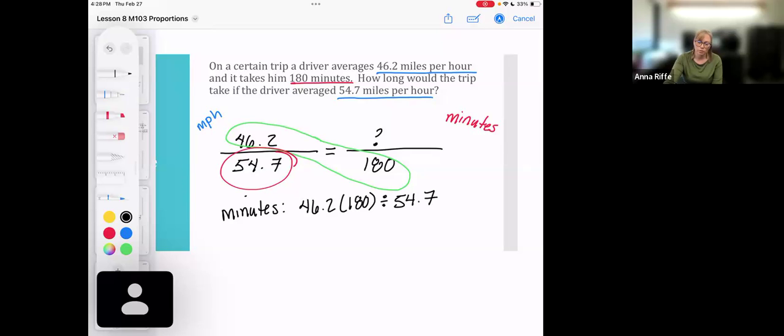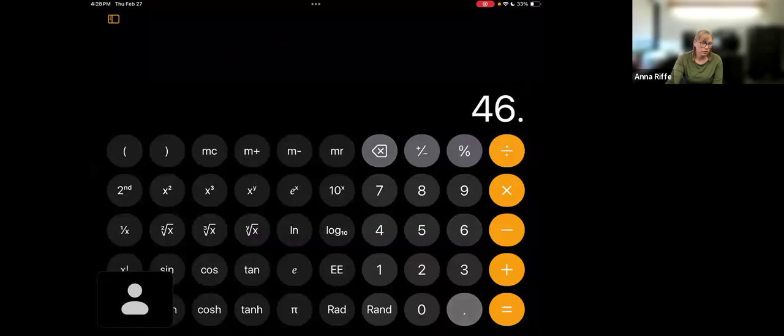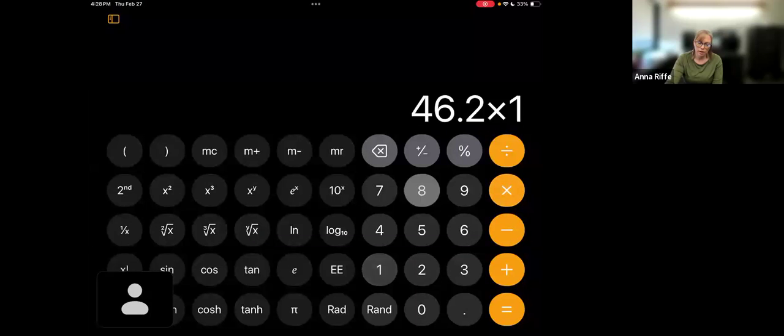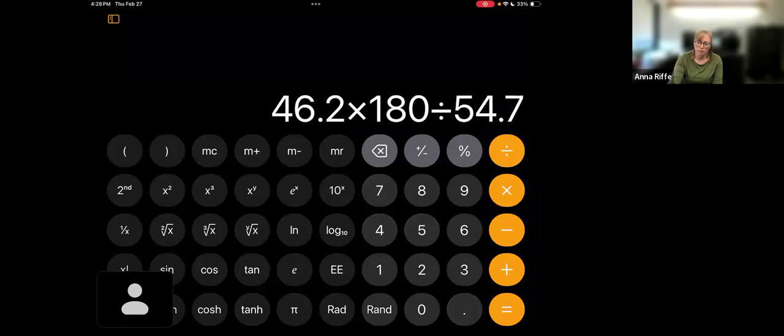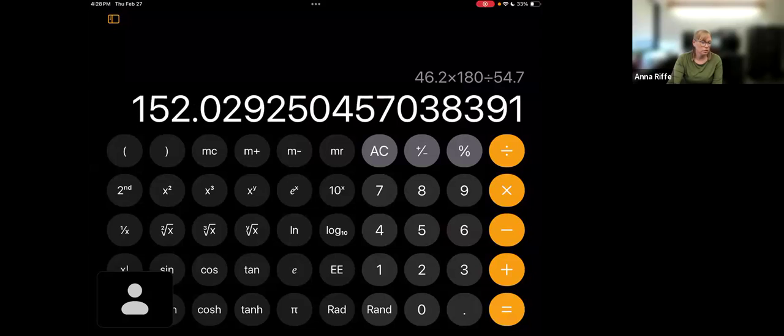Let's jump over to my calculator. 46.2 times 180 divided by 54.7 will give us 152. Let's go ahead and round to 2 decimals here. I know we weren't told what to round to, but I'm going to go ahead and round to 2 because time can make sense. A part of a minute does make sense. 152.03.